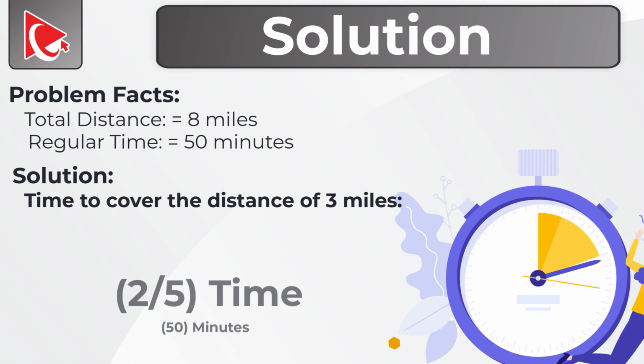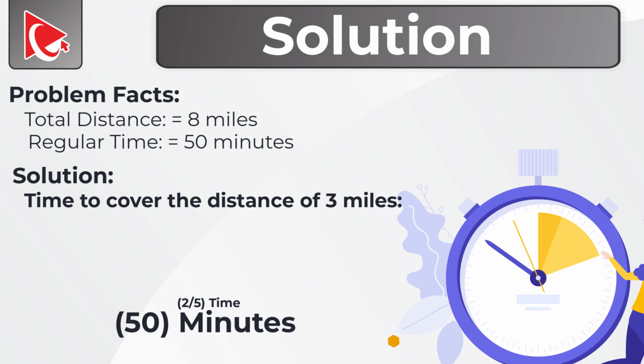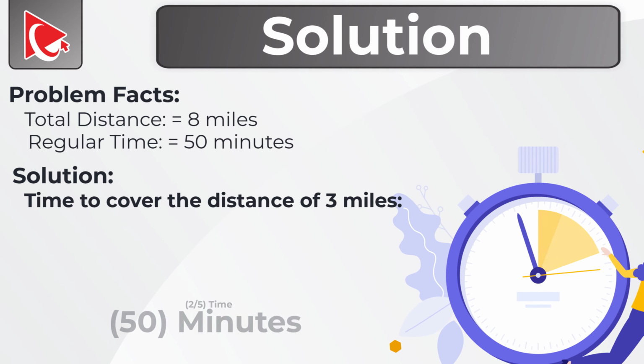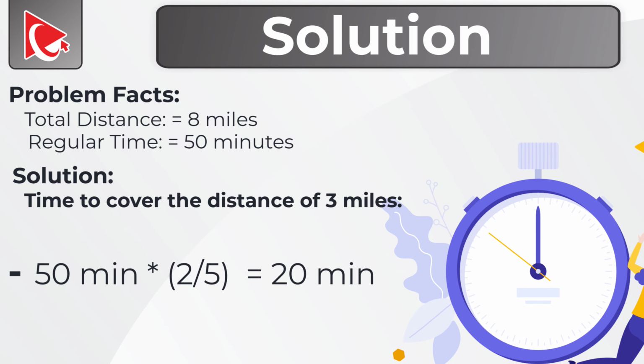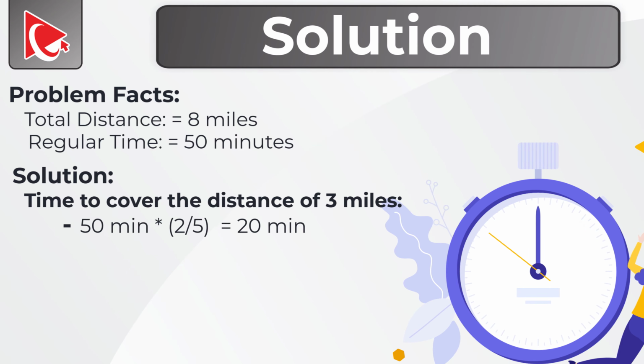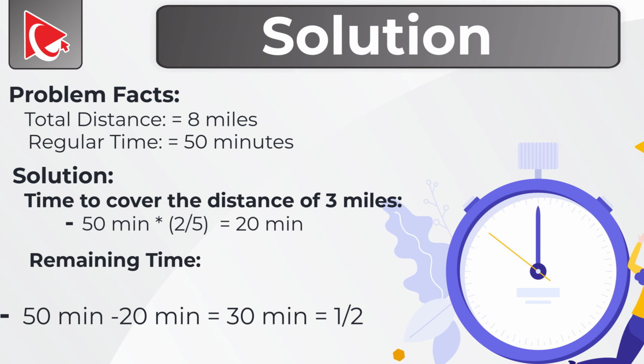We know that it took her 2/5 of the regular time, and regular time is 50 minutes. To calculate it, we need to multiply 50 minutes by 2/5, which would equal 20 minutes. So the remaining time for her to cover the remaining distance would be 50 minutes minus 20 minutes, which would be 30 minutes, which would be half an hour.